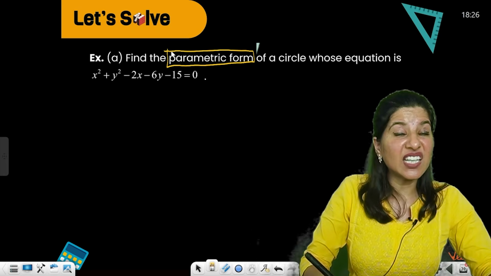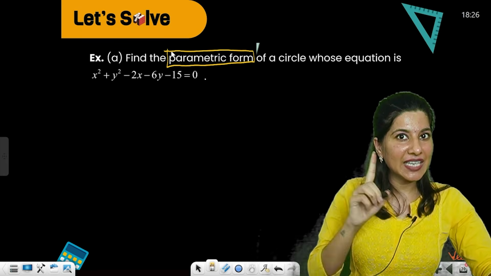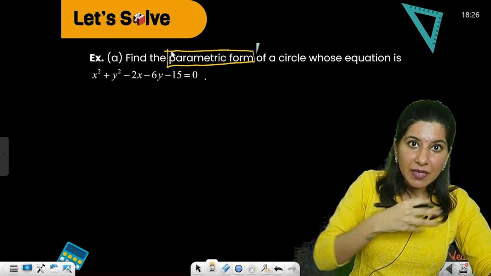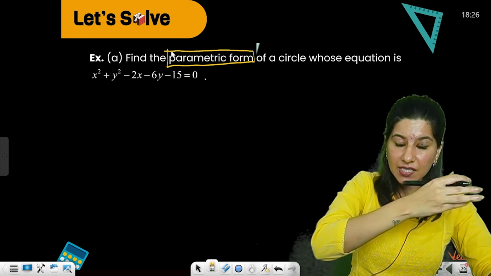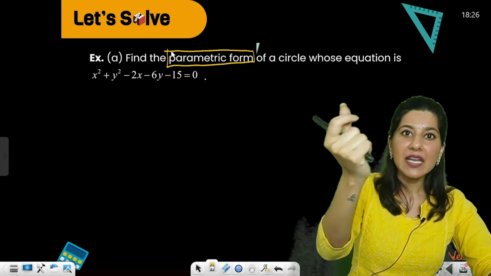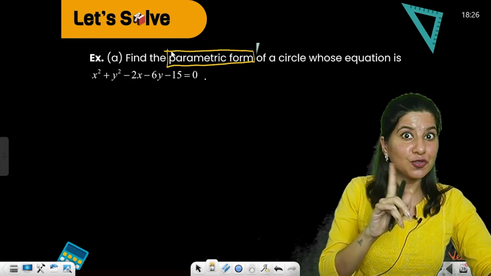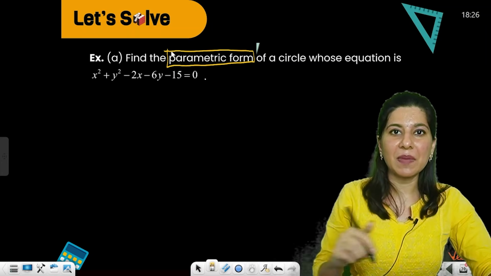Many students think that this is the toughest form, I don't get it. But parametric form is the most savior form when the problem is becoming complicated by using existing concepts of circle. It will solve the whole question within 2 steps. So do not get scared of parametric form. Always make friends with parametric form.